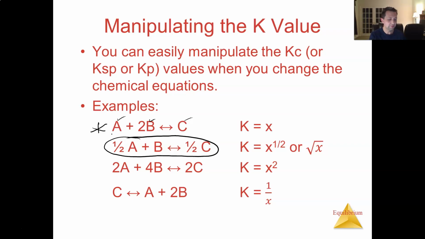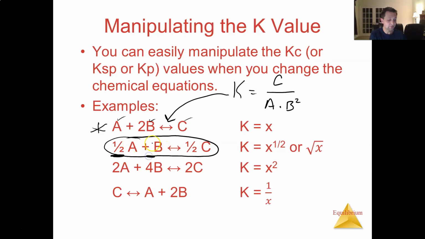Well, my equilibrium constant would be C over A times B squared. That's for my initial equation. I should have the brackets there, but I'm trying to save space. Now, if I multiply everything by a half, my coefficient becomes 1/2.